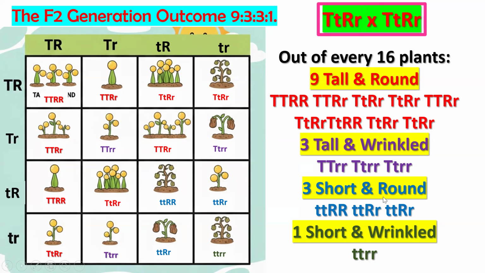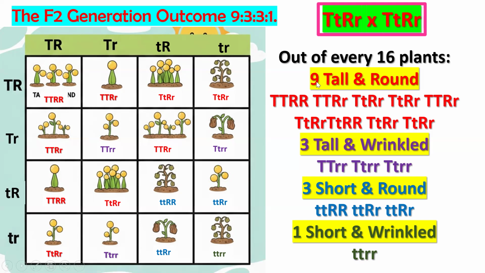To be short and round, short means 2 small t and round is capital R. And to show all the recessive features, all should be recessive, so here we can see small t, small t, small r, small r. Hope you got this.